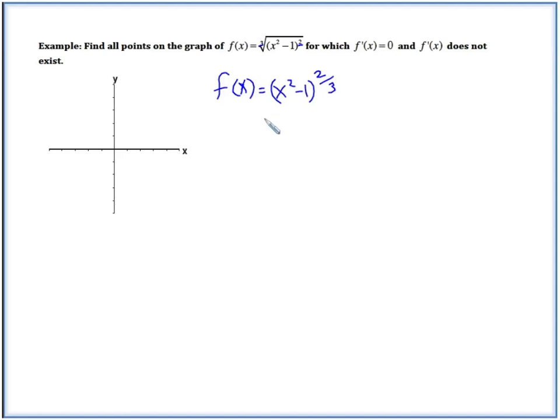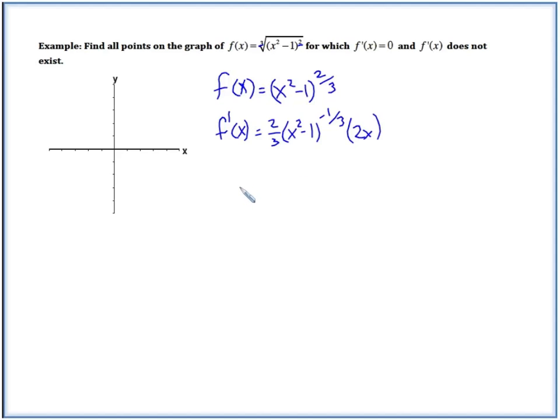Okay, so let's go ahead and use the general power rule to find our derivative. So we get 2/3 times x squared minus 1 to the 2/3 minus 1. Well, what's 2/3 minus 1? That's going to be 2/3 minus 3/3, or negative 1/3, times the derivative of our inside function, 2x.